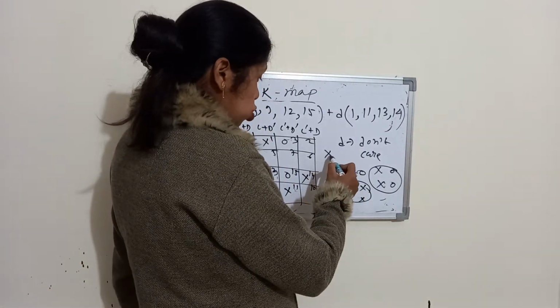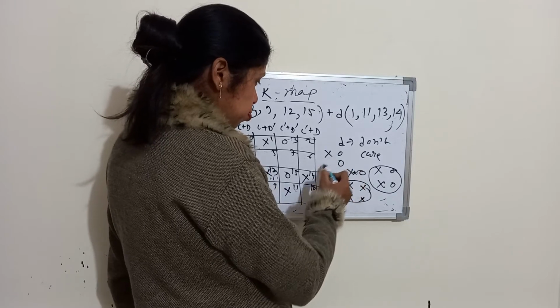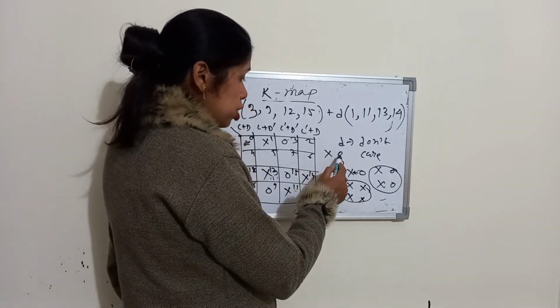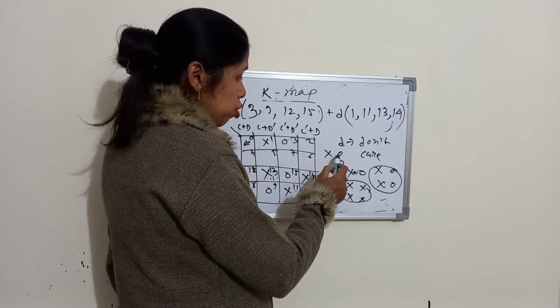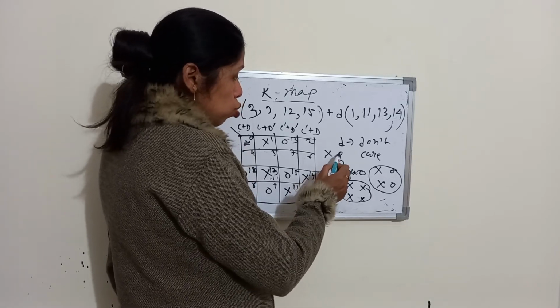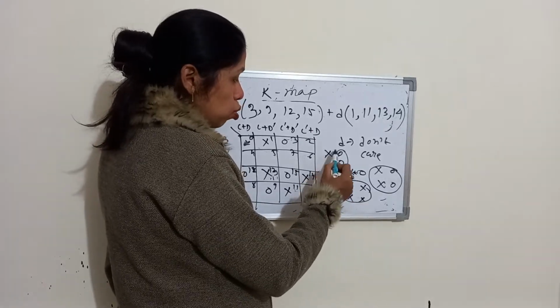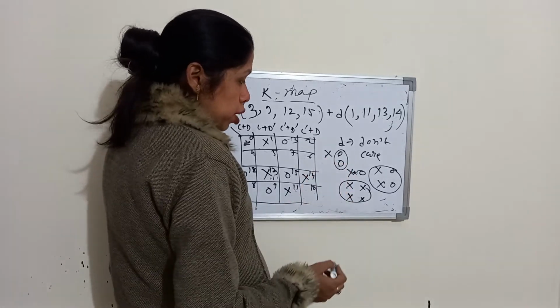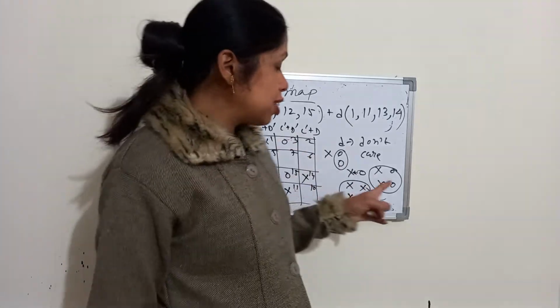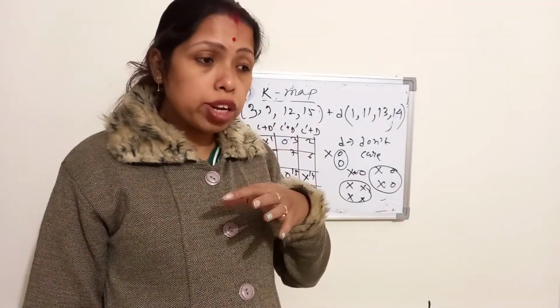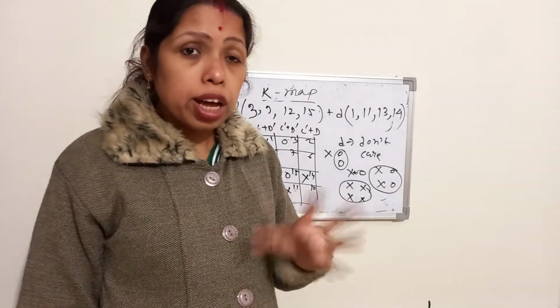If we can do the pairing with only 0s, we don't include the don't care.